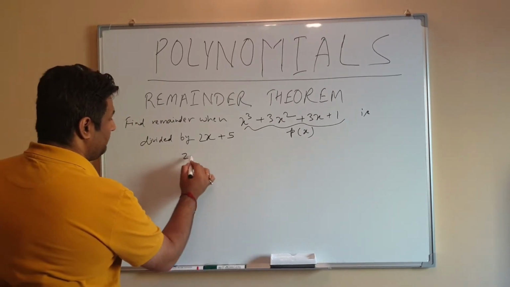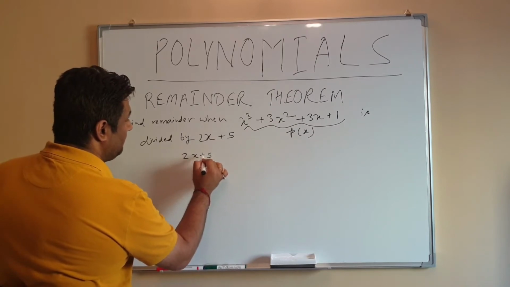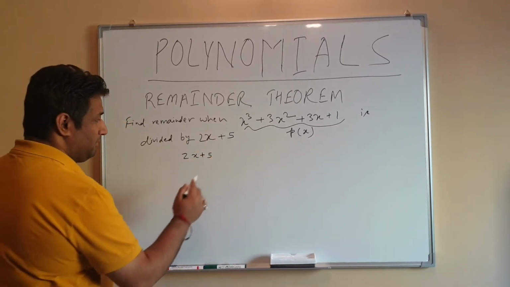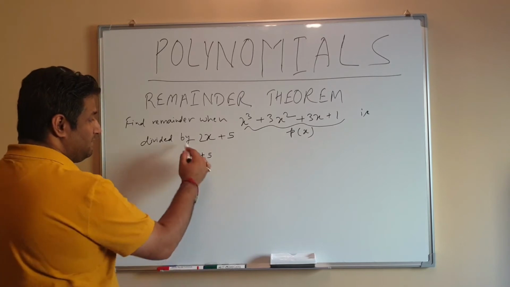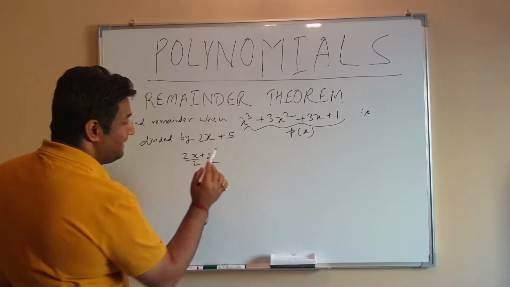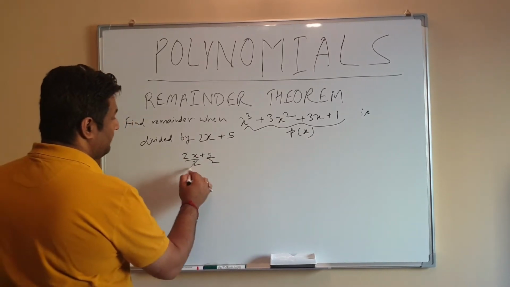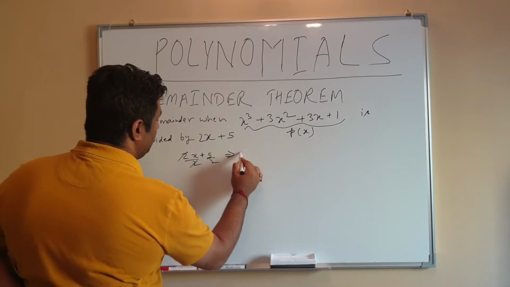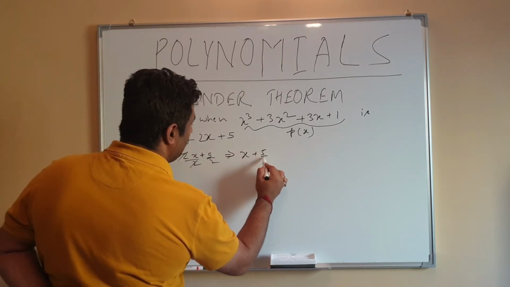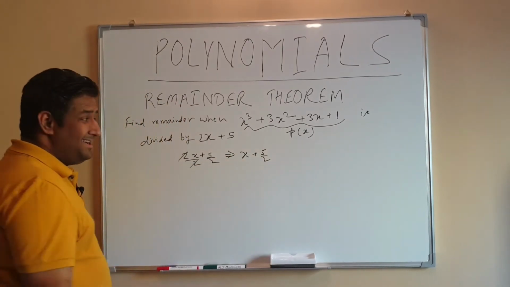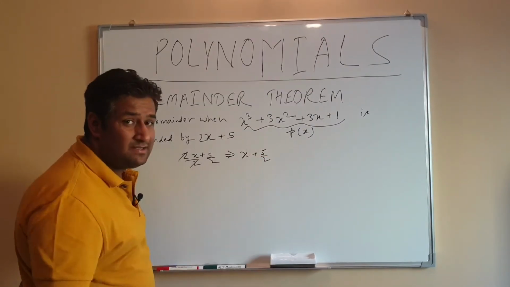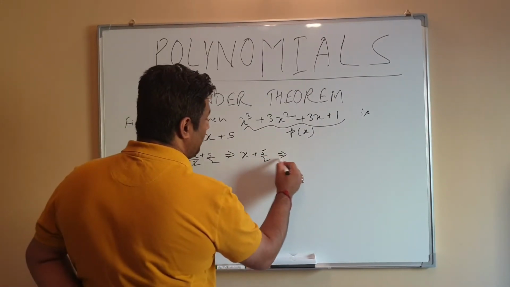Now if you see here, 2x plus 5, right? First of all, we have to get rid of this 2, so we'll just divide by 2. We'll get x plus 5 over 2, right? Since we have to convert this into x minus a form, how do we write it in the negative form?